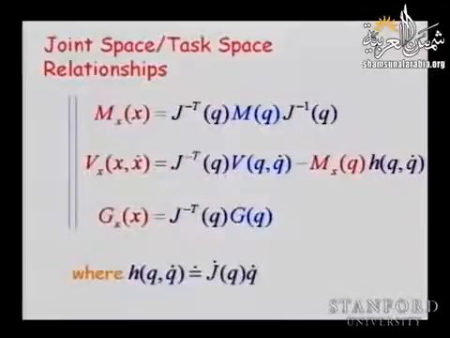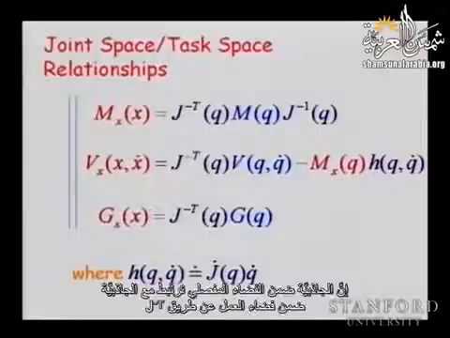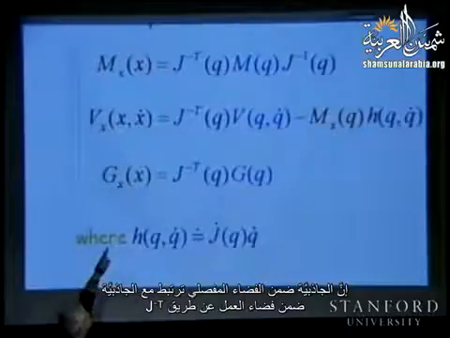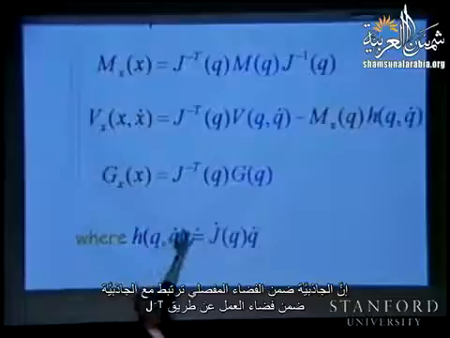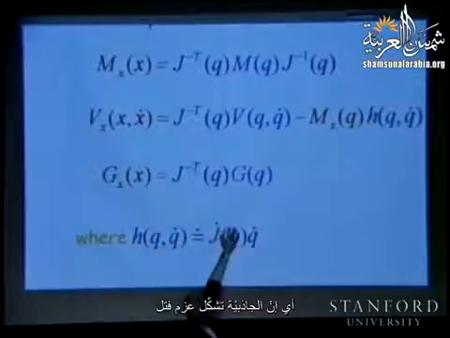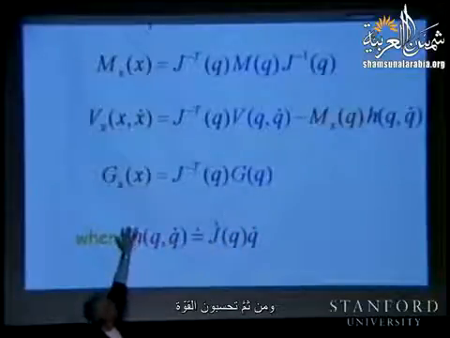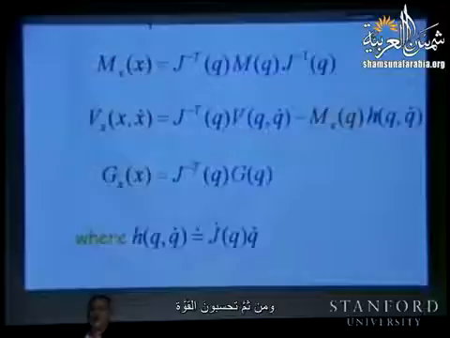So this H appearing there is this. So this is the relationship between the two. The gravity in joint space and gravity in operational space are related just by J transpose minus. So the gravity is a torque, and you compute the force.